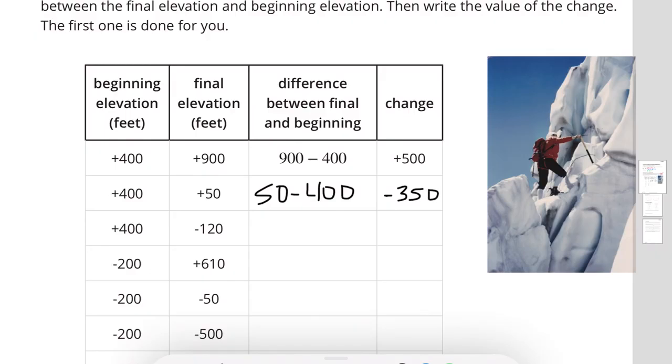Okay, I have a beginning elevation of positive 400, and I finished at negative 120. So my difference expression would be negative 120 minus 400.